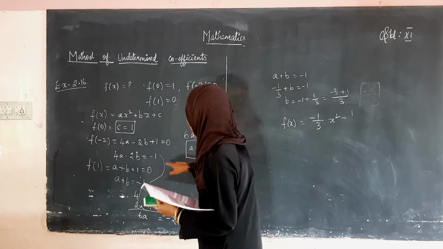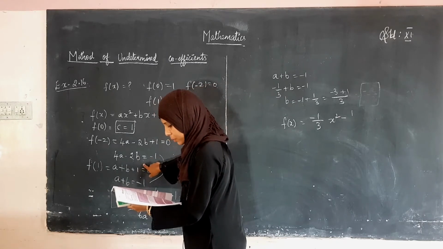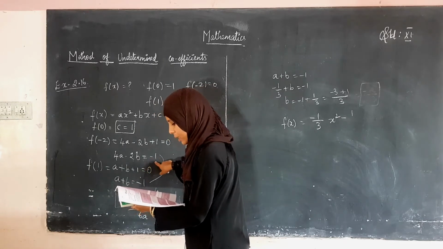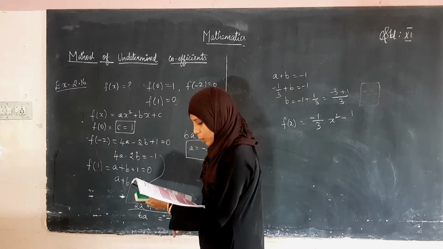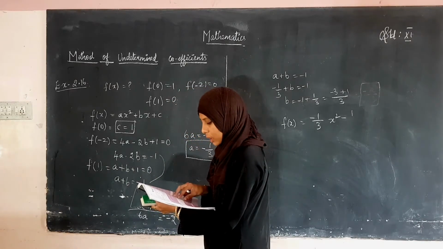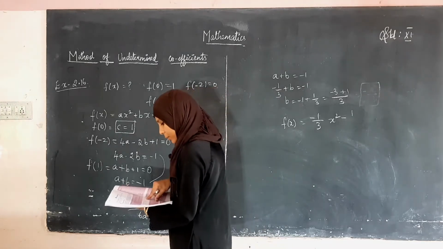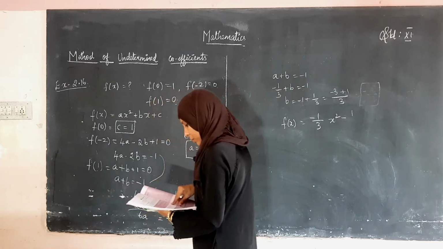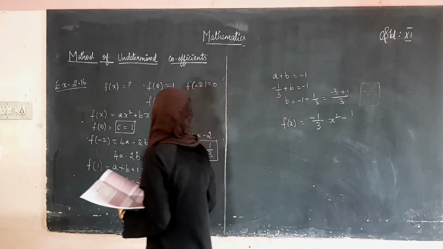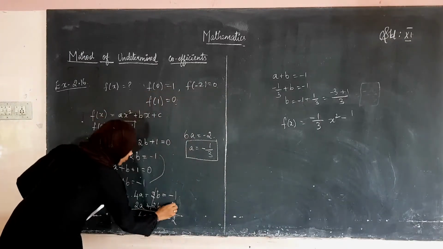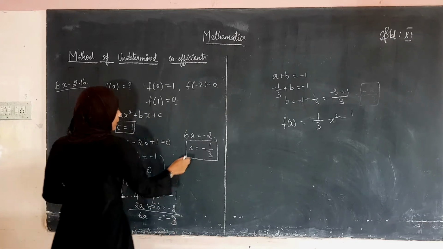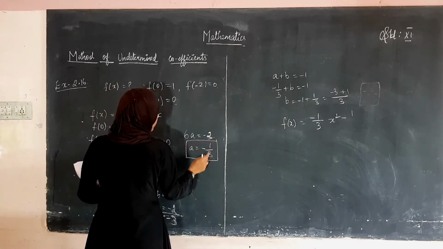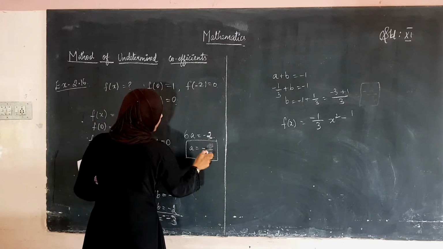We multiplied with 2, so this becomes 3, and 3 divided by 6 is 1 divided by 2.